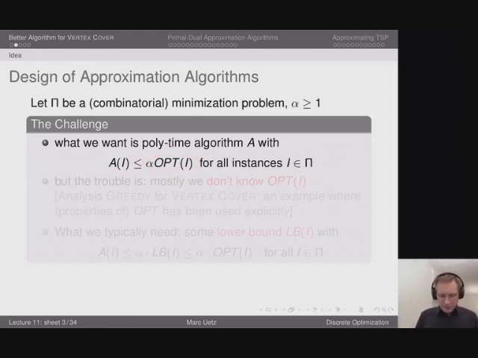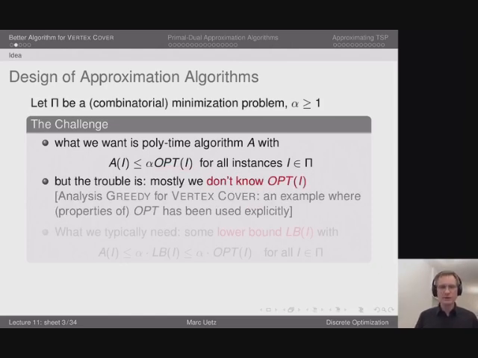The trouble is we do not know the optimum solution, hence we do not know the optimum solution value in general. And if you remember in the analysis of the greedy algorithm here, we had this one particular step where we could relate the next selected vertex in some way to the size of the optimum solution. And that was why we could prove this performance guarantee.